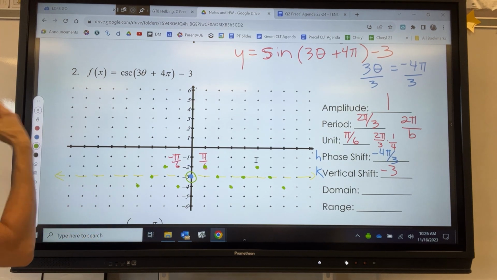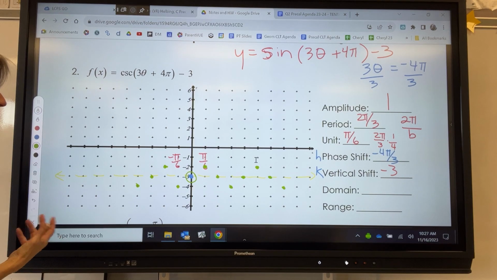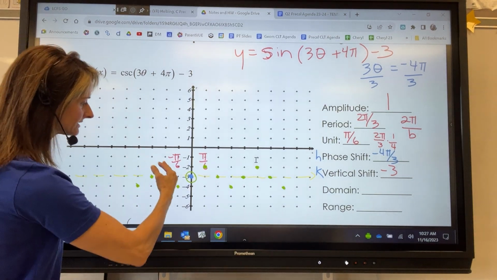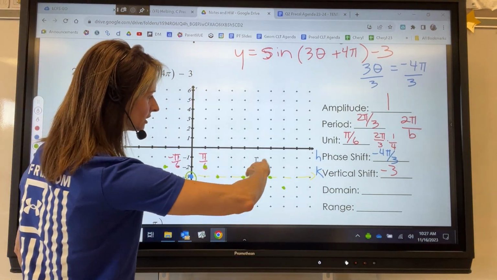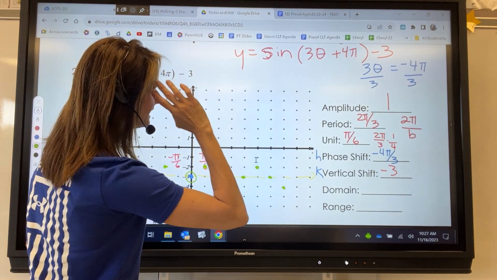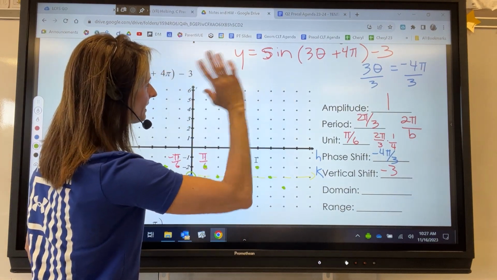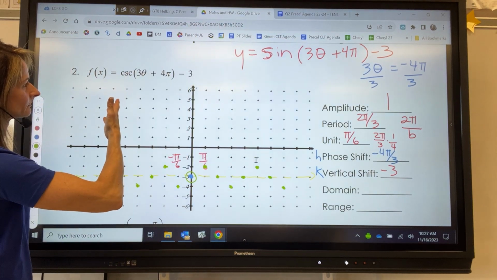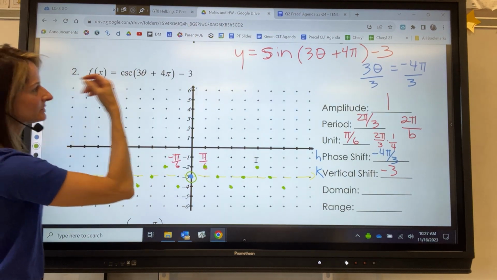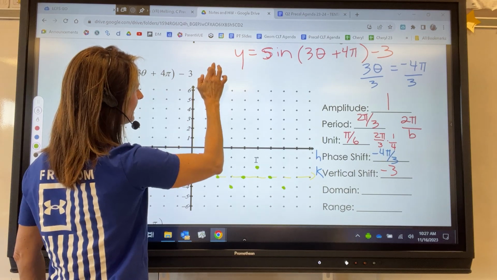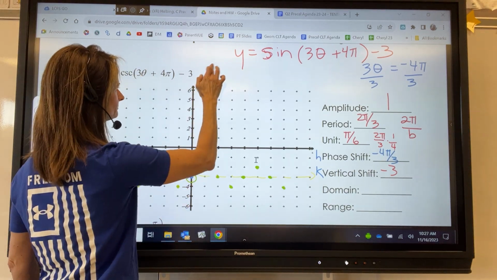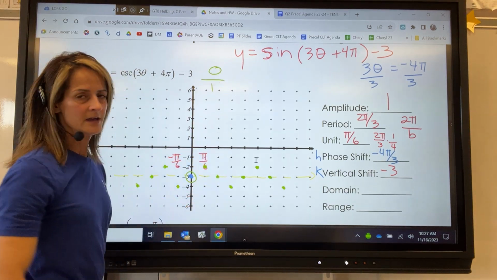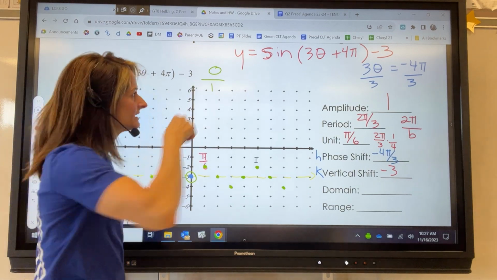Okay, now, if we were graphing the sine function, we would go ahead and nicely draw in our curve. However, now we're going to shift to think about graphing, not the sine function, the cosecant. And as we were talking about earlier, anytime we had a 0, the reciprocal of that is undefined.